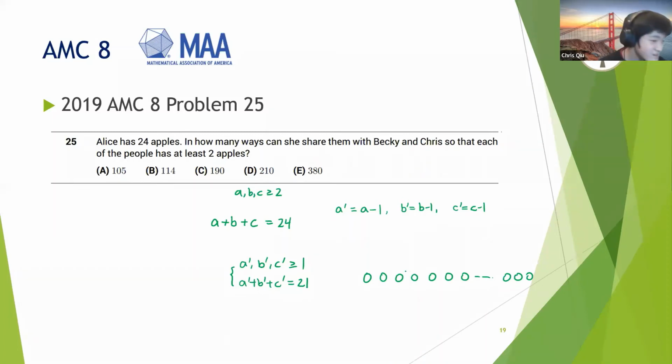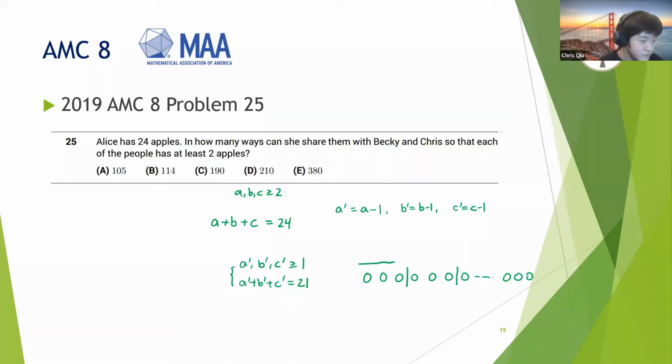We're just going to call them sticks. We're going to insert 2 of these sticks into this collection of stones. And now what we have is that we've divided these 21 stones into 3 parts.